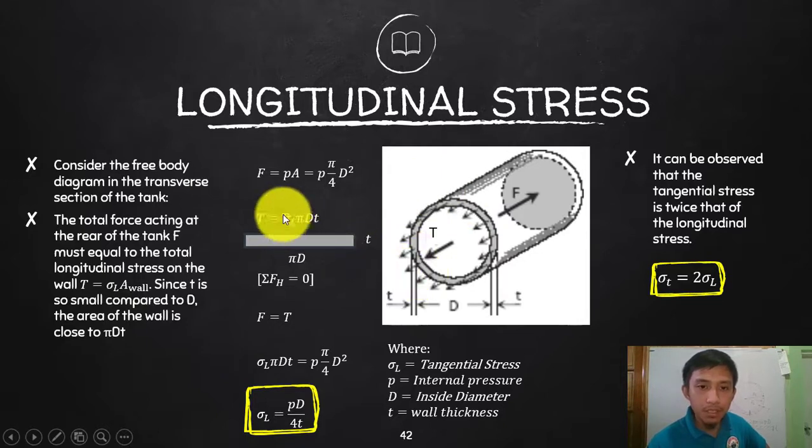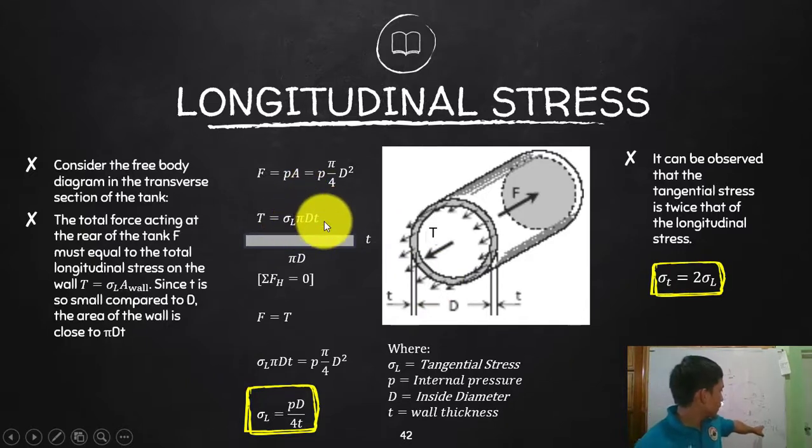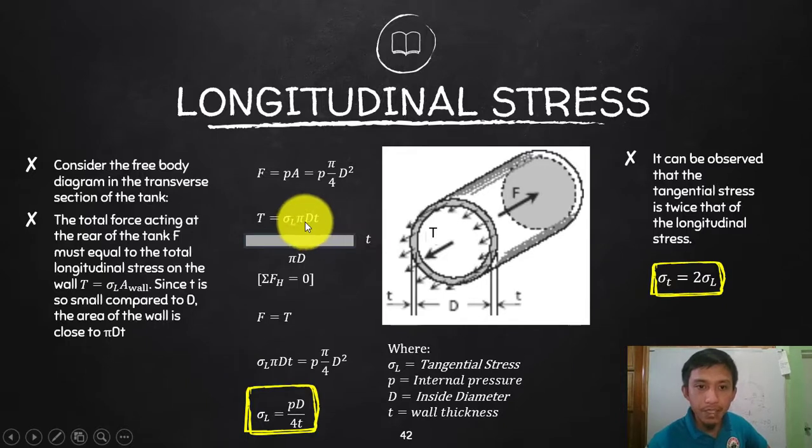So we can equate that force F as T, which is the product of the stress on this area and the handling area, which I explained here, pi d times T.